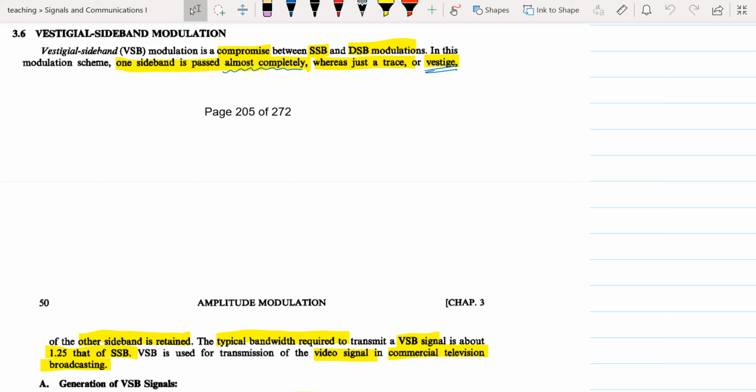We talk about now the vestigial sideband modulation, which is a compromise between the single sideband modulation and the double sideband modulation.